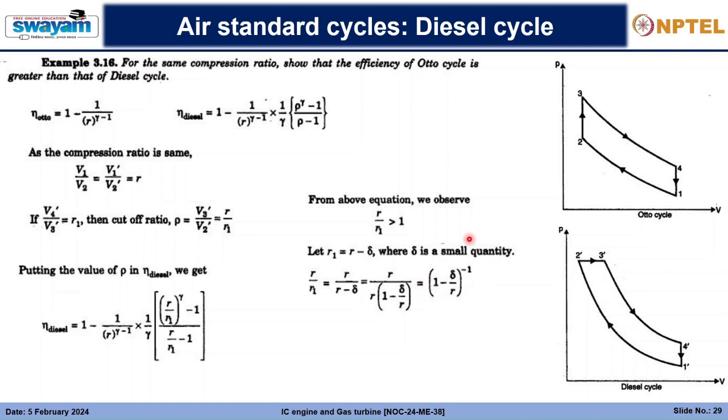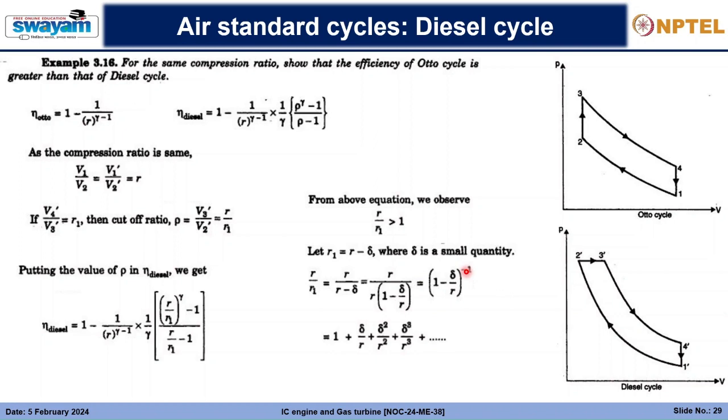So we are still trying to find how the Otto cycle and diesel cycle have different values of efficiencies for the same R value, that is the compression ratio. For that, we have now compared R1 and R by introducing the term delta out here. So 1 minus delta by R to the power minus 1.